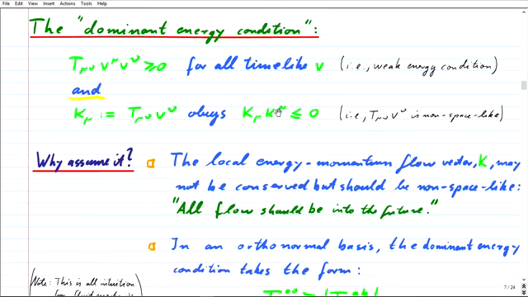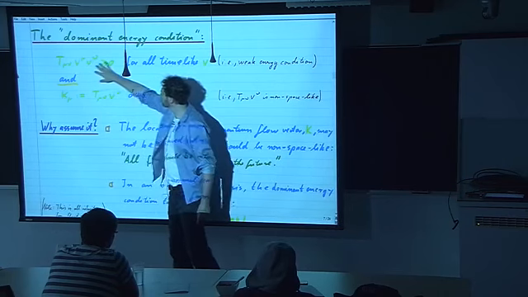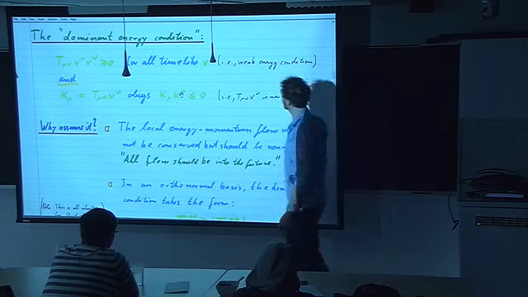Another category of energy momentum tensors is obtained by considering the property of the dominant energy condition. So assume that the weak energy condition holds, so that this inequality is true.